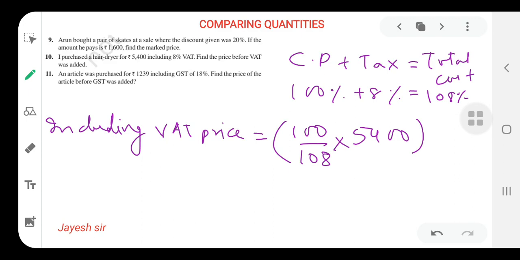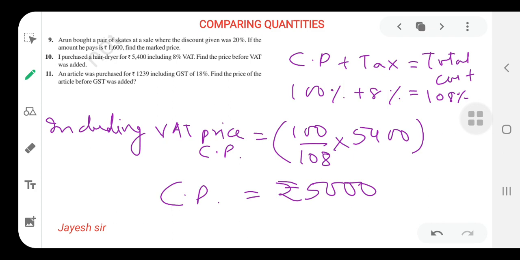Over here 5000 would be the cost price of the hair dryer excluding VAT. Now we need to find the CP. So the CP of the article is rupees 5000, because I have got the value including VAT price. The value is given including VAT price. We have found the CP. So CP, the cost price of the hair dryer, is rupees 5000.